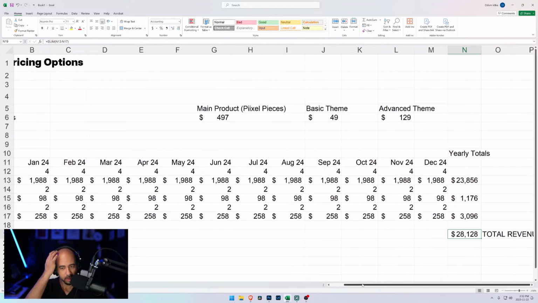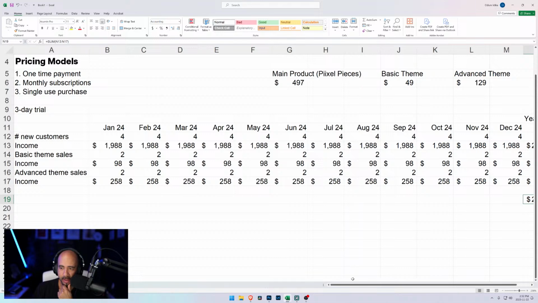So now, obviously that's not going to get us anywhere close to our $1 million goal, right? Especially in recurring revenue.